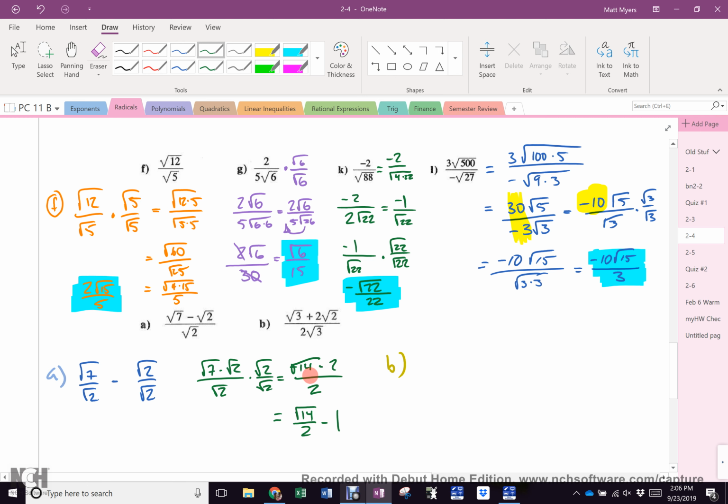These are the exact same thing. If I finish this one off, that becomes root 7 over root 2 minus 1, right? This root 2 we don't like, so we multiply by root 2 over root 2 and get root 14 over 2 minus 1. And get the exact same answer 3 different ways.